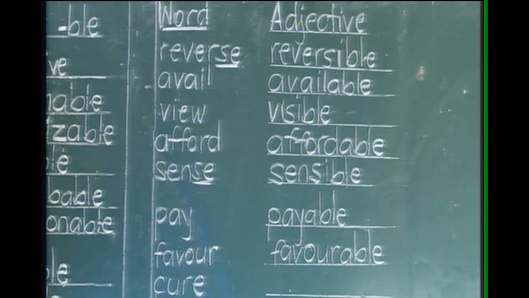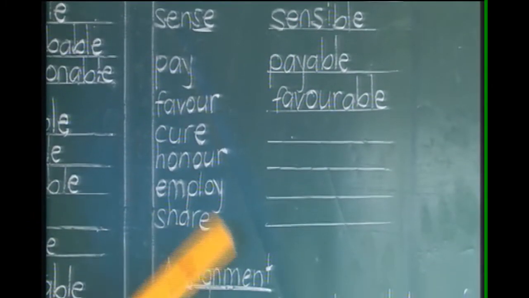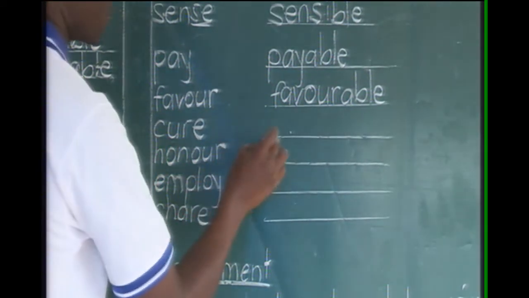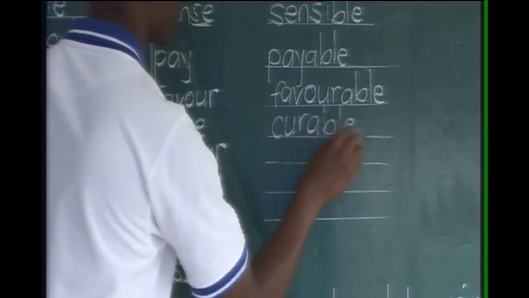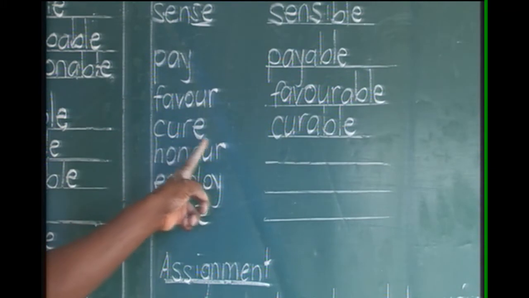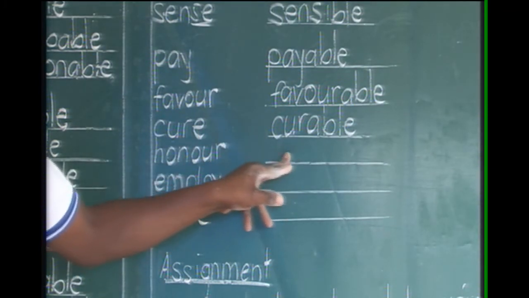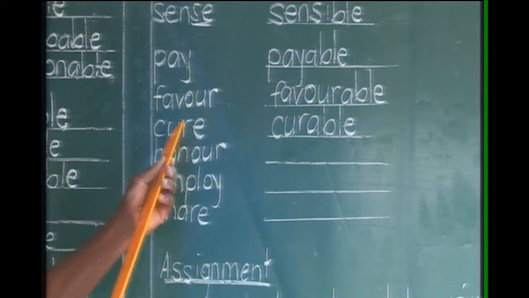If time is favorable, we shall have our lesson. If time favors us. Next is cure. Curable. Check the spelling of curable, where we don't have that E after R. We emphasize spellings because any answer with the wrong spelling is a very wrong answer in English. Cure, curable.